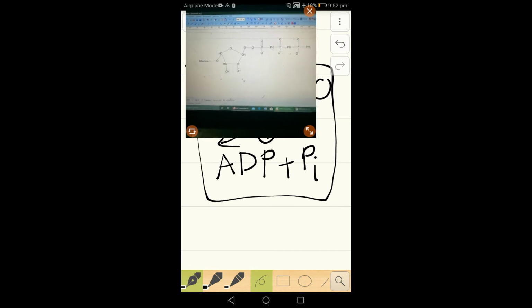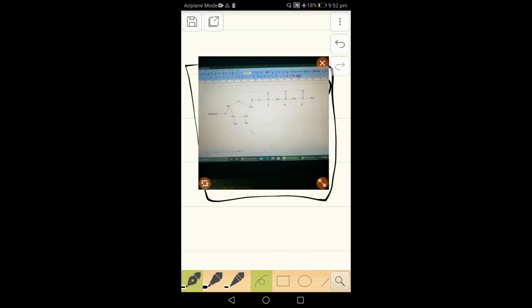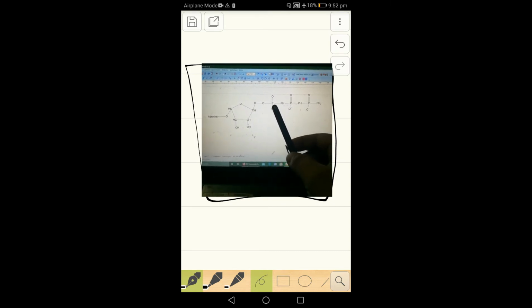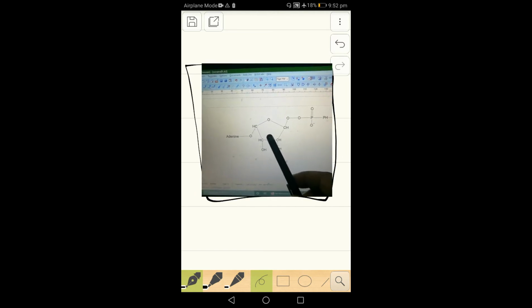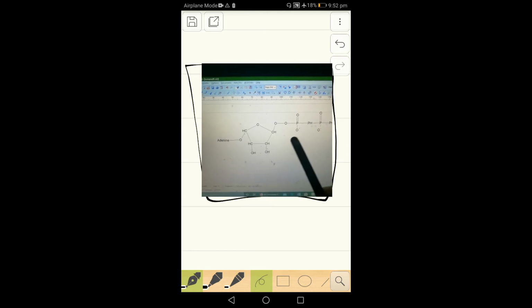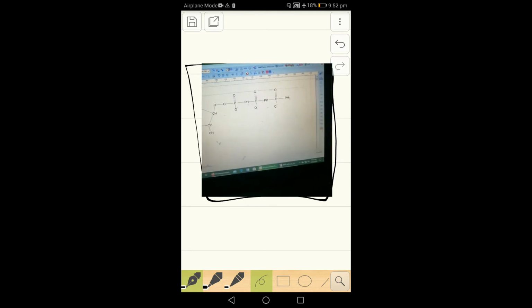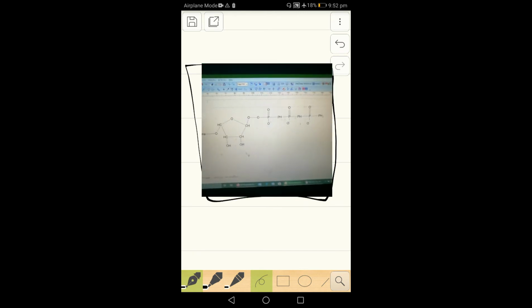Look around here, this is the ribose sugar, and this is the adenine, and I think one extra phosphate is unfortunately added here, which should not be.